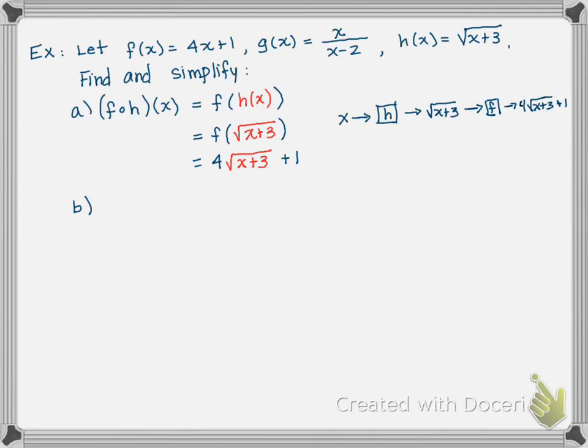Yes? Where did the x from 4x go? Well, that's the thing, we don't want to think of it as an x, we want to think of it as an input. f of the input is equal to 4 times the input plus 1. Don't get hung up on the x. Our input is the square root of x plus 3, so we do 4 times that input plus 1. When we write the formula for functions, the x's are just dummy inputs.